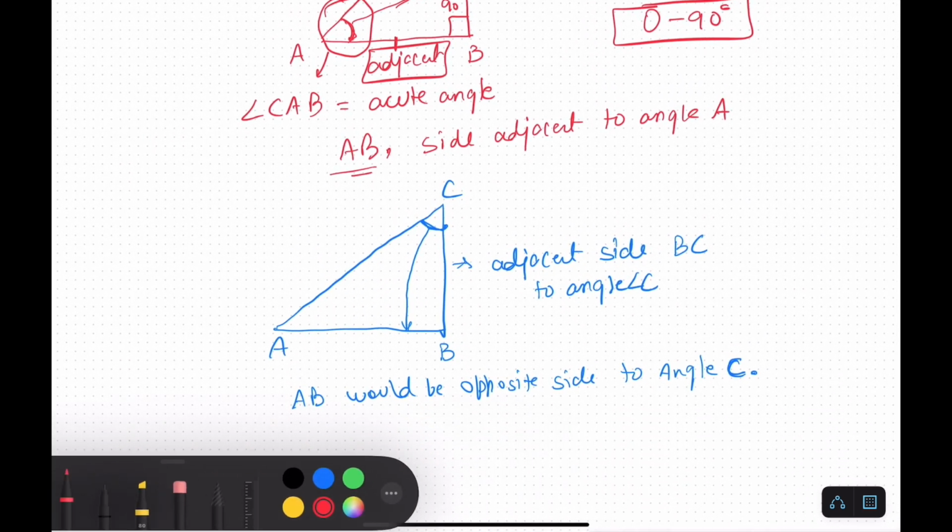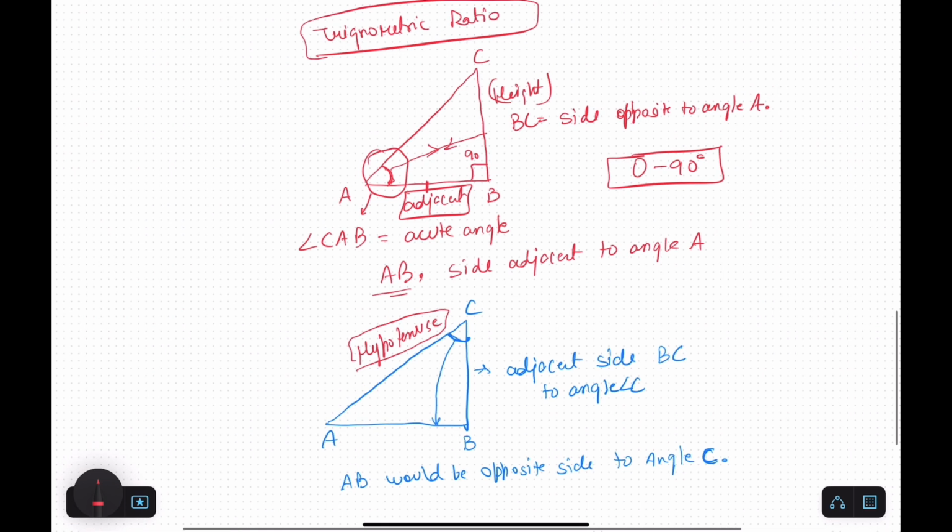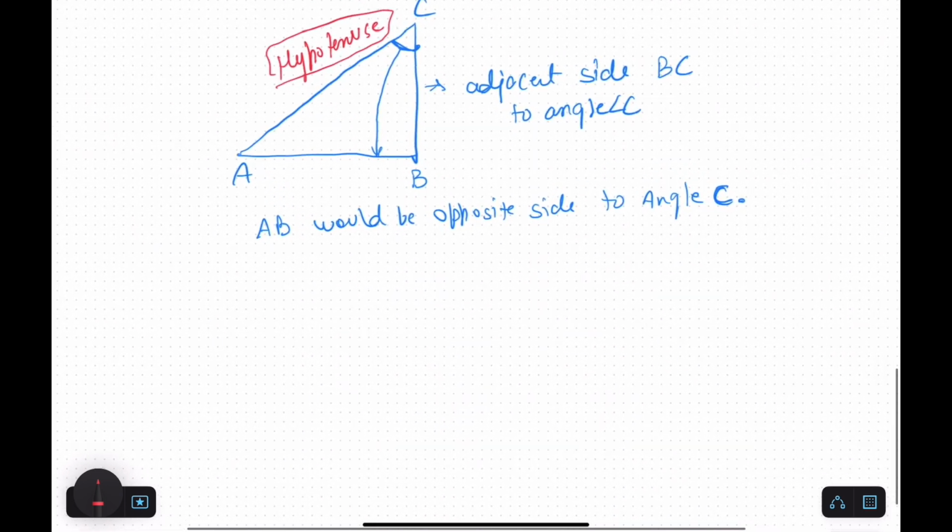In the previous class, you might have heard of hypotenuse. AC is the hypotenuse, and in the other situation also, it is the hypotenuse.